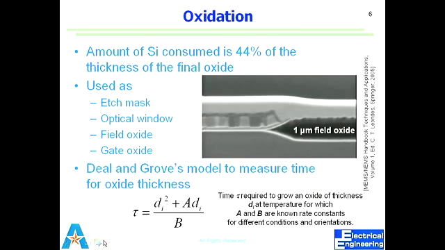And there are always numbers which are given. It can be 1 to 6 selectivity, 1 to 100 selectivity, which would mean that if it etches 6 times silicon dioxide, it's going to etch only 1 time of photoresist. Ideally, there should not be any reaction, but there is always some reaction.